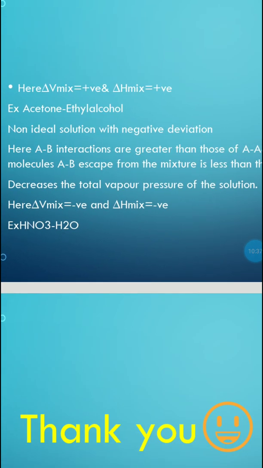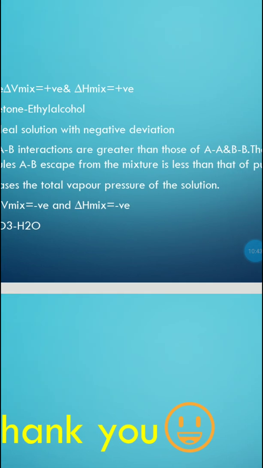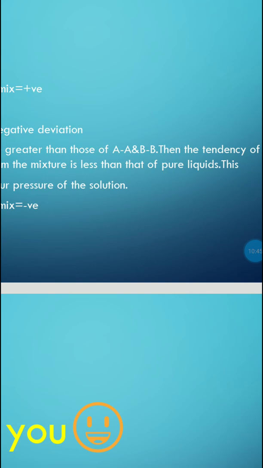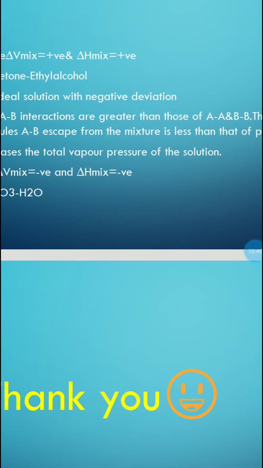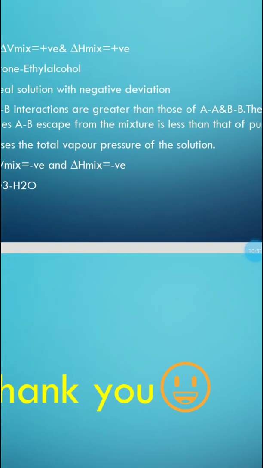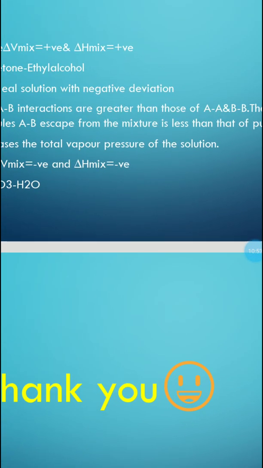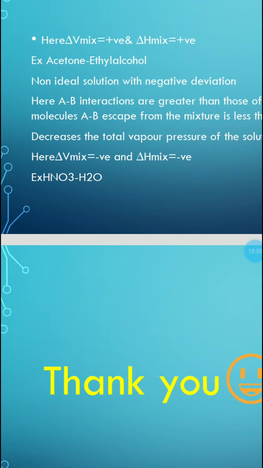Then the next case, non-ideal solution with negative deviation. Here the AB interactions are greater than those of AA and BB. Then the tendency of AB molecules to escape from the mixture is less than that of pure liquids. Suppose you take nitric acid as one component and H2O as the other component. After mixing, because of the AB interactions, these molecules are not easily vaporized.